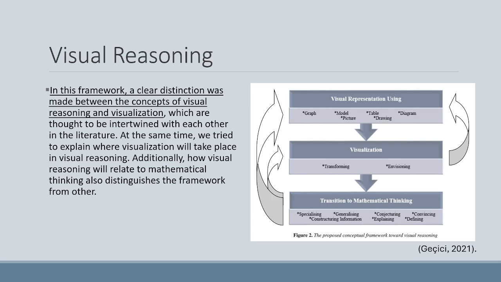Then we get transitioning to mathematical thinking, where they are specializing, generalizing, conjecturing, and so on. And at any of these points, with the arrows in this diagram going on the sides, during these activities the individual can return to a previous stage and also be involved in other processes.